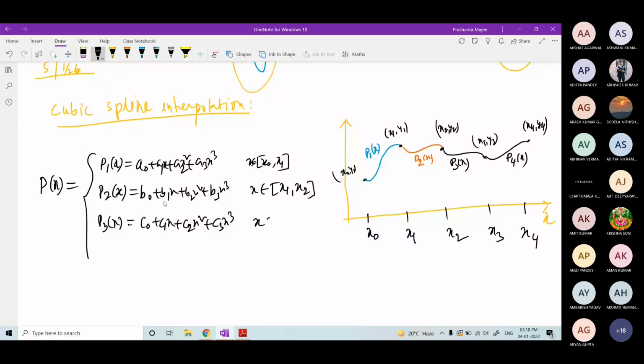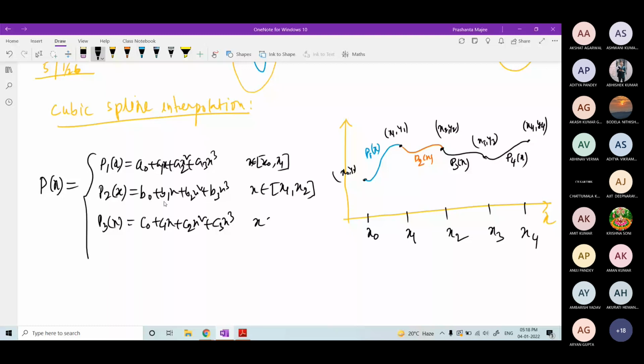Suppose there are 5 data points which I have plotted on the screen. So we are getting 4 third degree polynomials, and in each third degree polynomial, how many unknowns are there? 4 unknowns are there in an arbitrary third degree polynomial. And how many such polynomials are there? 4. Total unknowns are 4 into 4, 16.